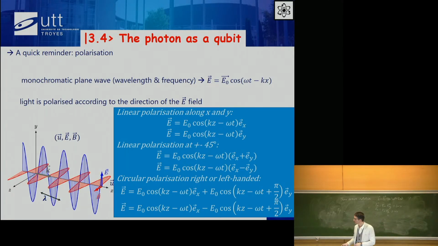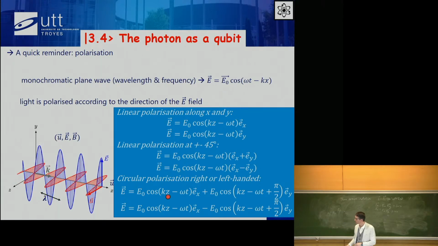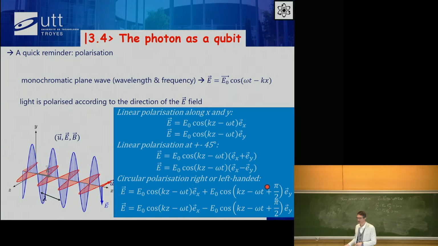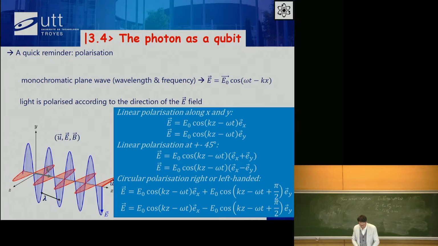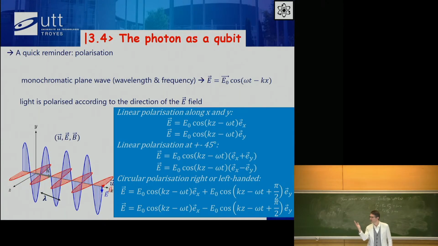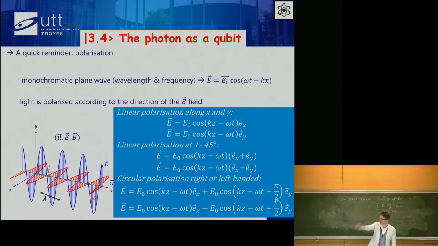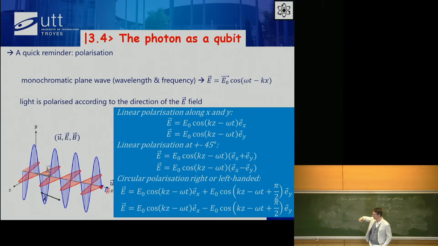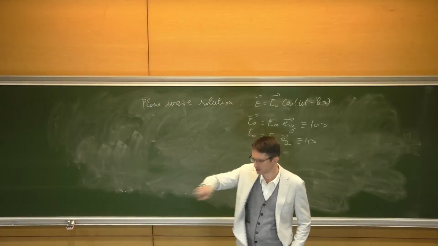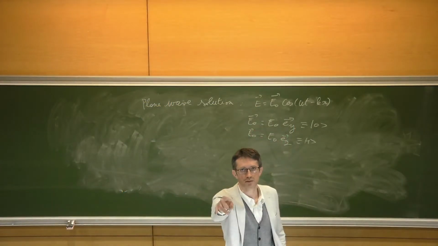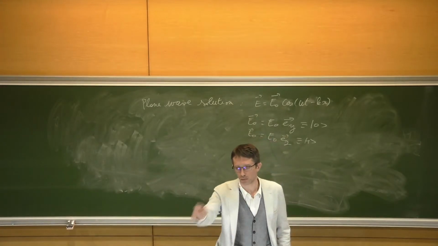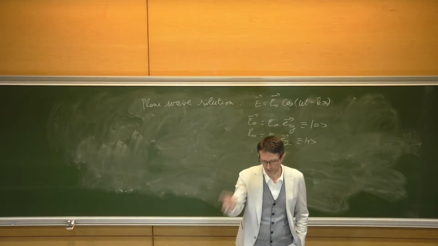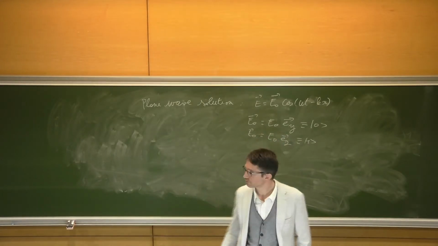Here there was no phase added, here there is. That makes a big difference, because this added phase makes the polarization go circular. The light propagates towards you, and the electric field points in a circular manner, like this. This would be right-handed, or maybe left-handed, I never know, but if this one is right-handed, then this one will be left-handed. Okay?